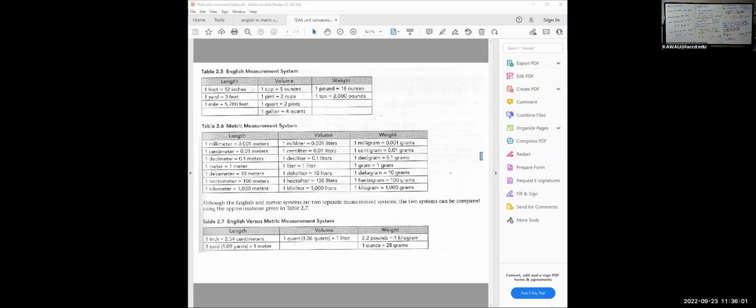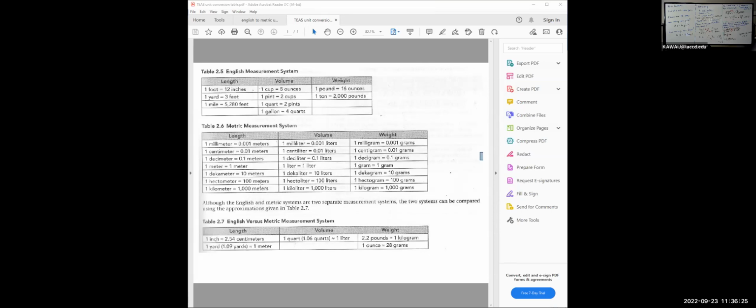Same thing with weight, and same thing with ounces. Okay, so these approximations are standard for nurses. They would not fly if you were a physicist or a chemist, but this is what the assumptions nurses make.